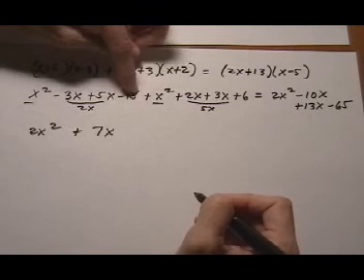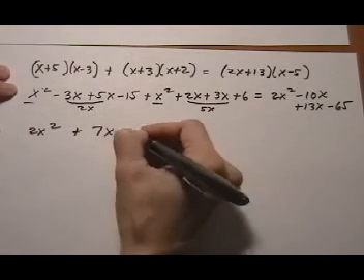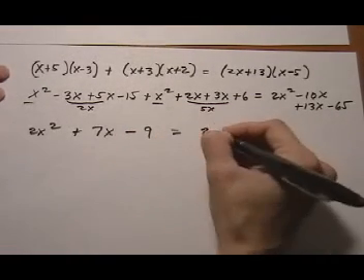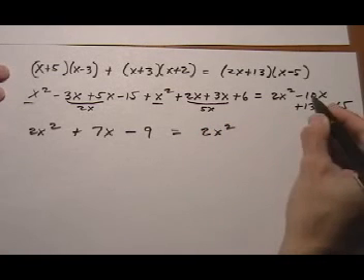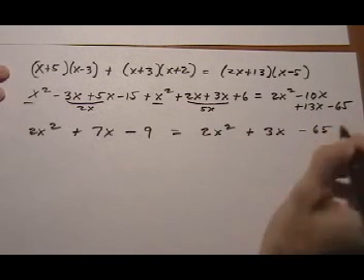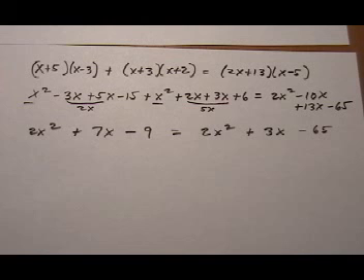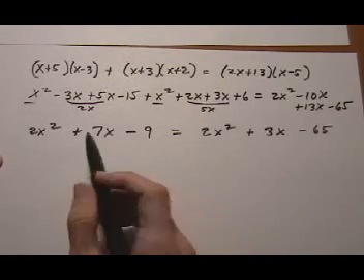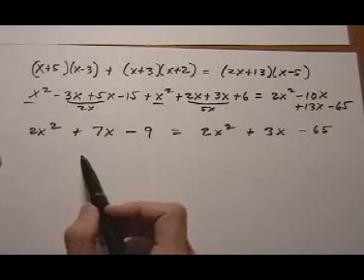And then we have a minus 15 plus 6, so that gives us minus 9, equals 2x squared, minus 10 plus 13 is plus 3x, minus 65. Okay, all parentheses have been cleared. Now we're going to collect like terms. Oh, no, we already did that too. Alright, so collecting like terms is done.